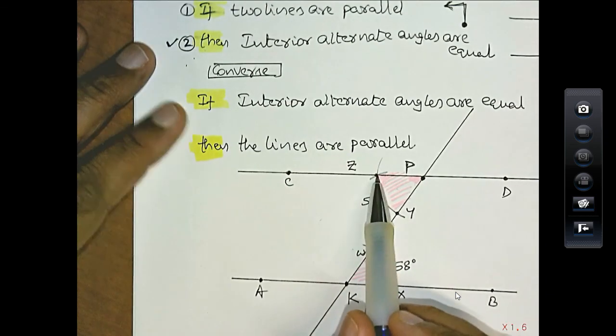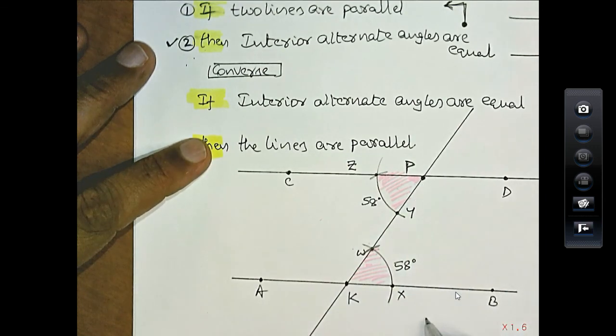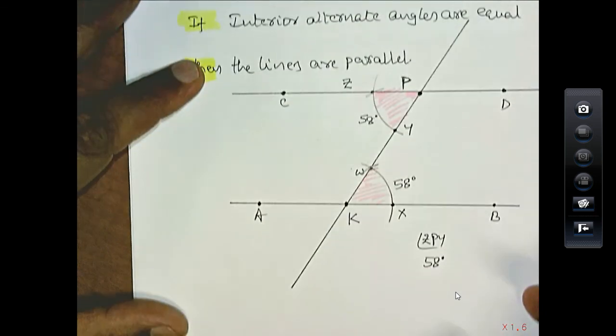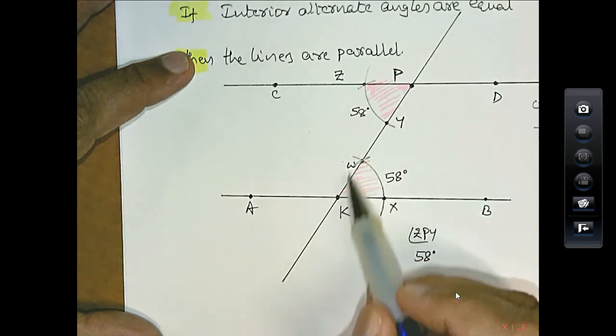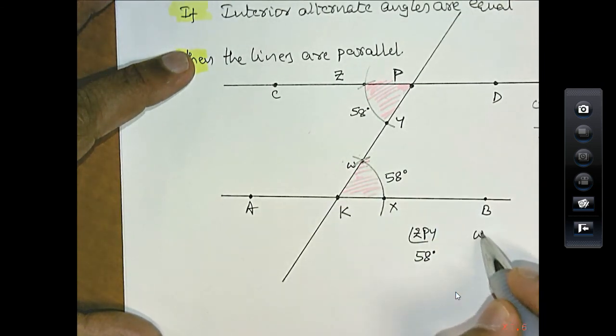Now angle ZPY equals 58 degrees, and angle WKX is also 58 degrees.